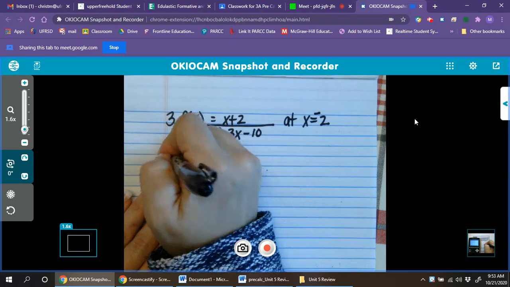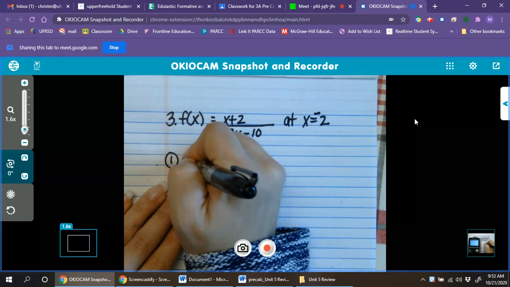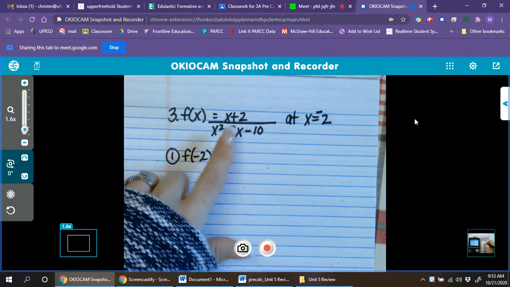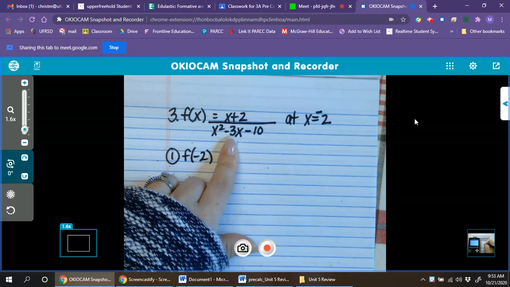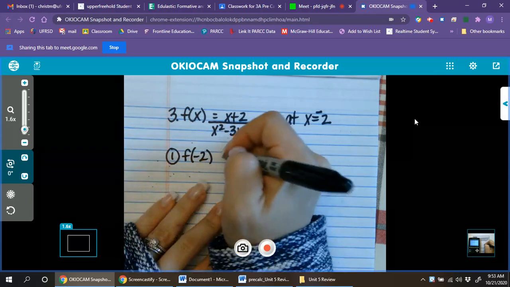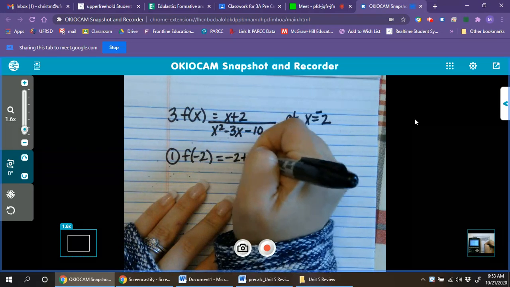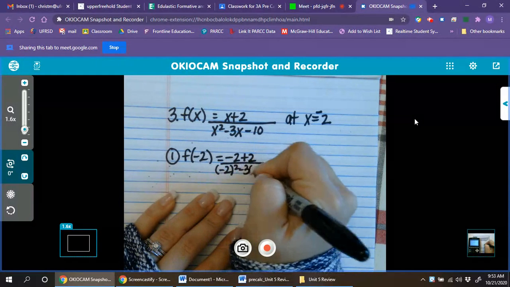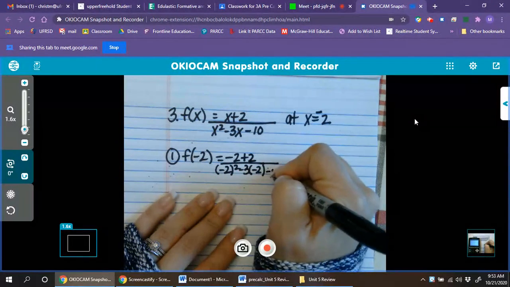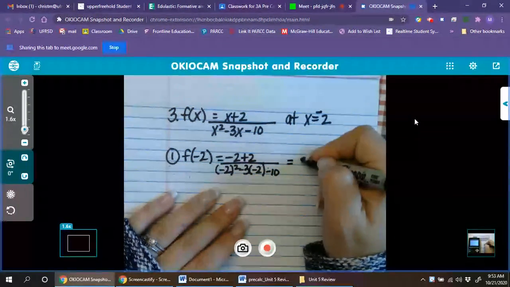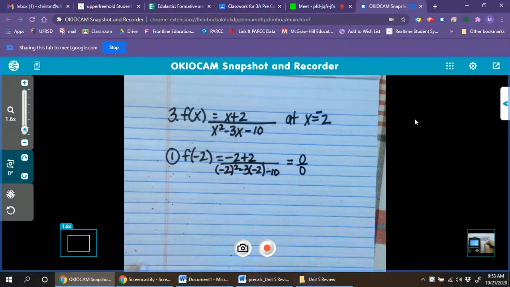All right, so step 1 is to evaluate. Remember, we're using the original unsimplified, unfactored version here. I'm going to plug in -2, and I get 0 over 0.